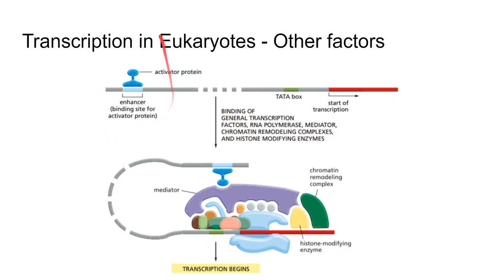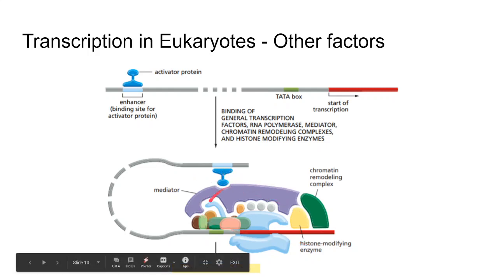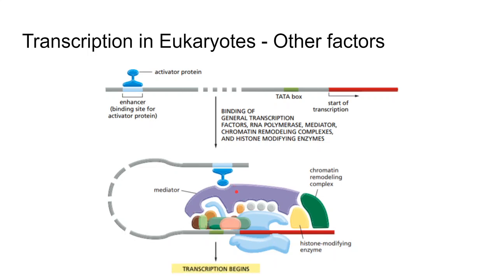What happens is a mediator protein can bind to the activator and the initiation complex. So this whole thing was the initiation complex. This purple mediator and blue activator are new things, and these can be involved in the development of the transcription initiation complex. So that's about it.